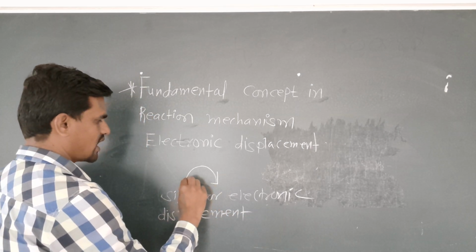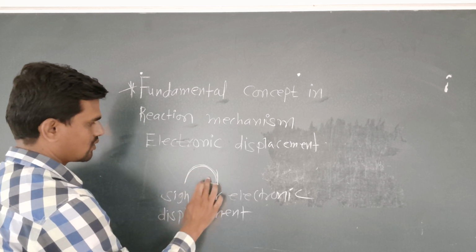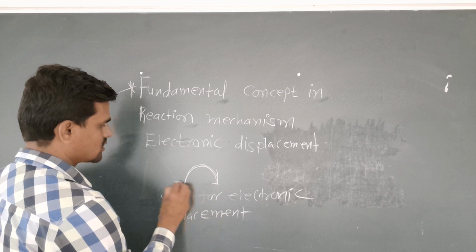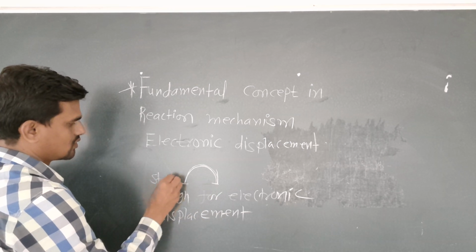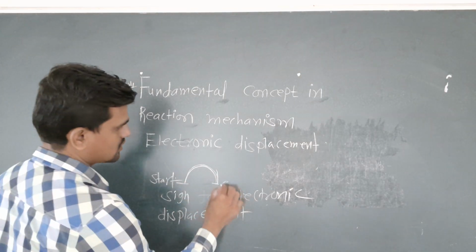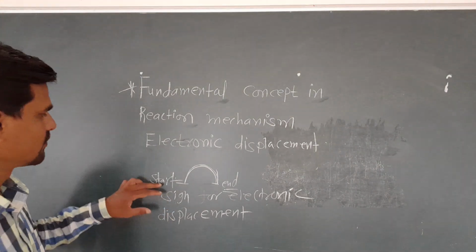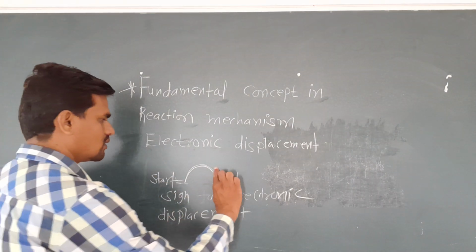This direction indicates where the electron displacement starts and where it ends. This is the starting point, and this is the end. The electron displacement starts from this point and ends at the arrow.